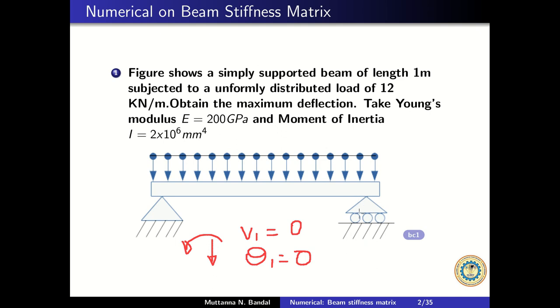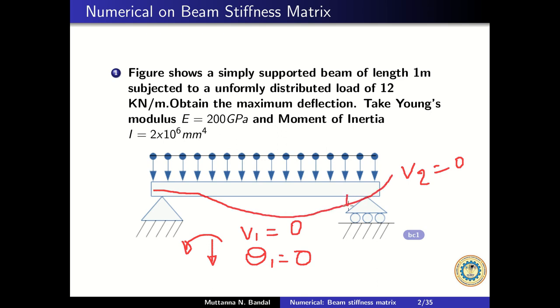And since a roller kind of boundary condition is here, v2 is equal to 0 because it is not allowed to move in the vertical direction. But since the roller is there, the beam will try to rotate like this.